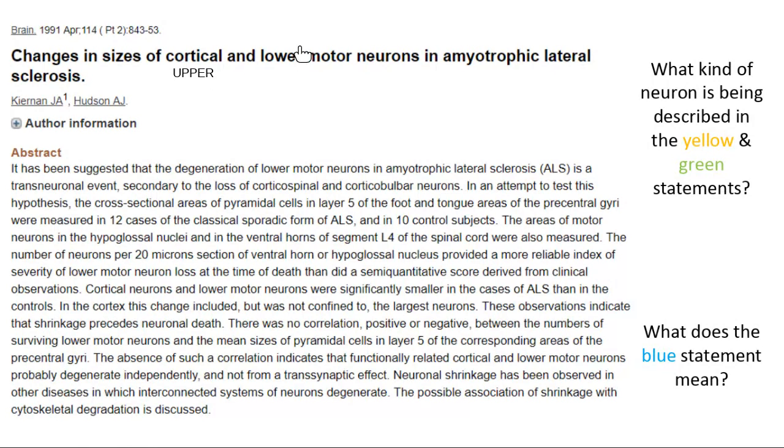Or did the lower motor neuron stop listening, and that's why the cortical neuron stopped talking? We didn't really find out what caused these neurons to get smaller, but we did find out that both of the neurons in a descending pathway are smaller. Both of them have atrophied, meaning that both of them are no longer sending messages for the skeletal muscle to contract.